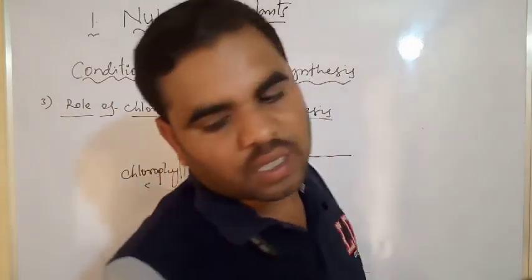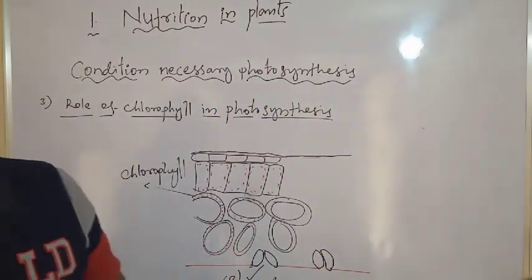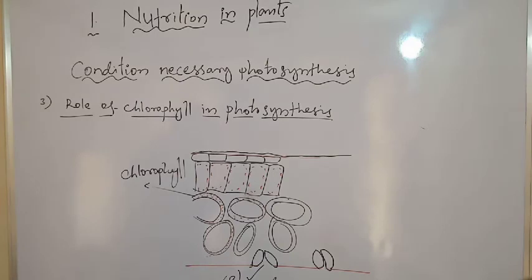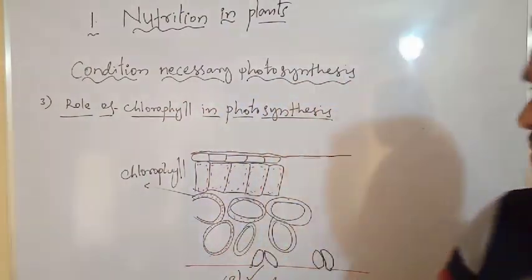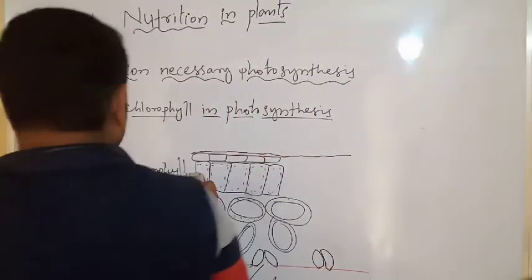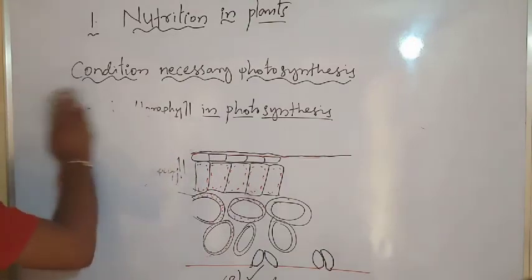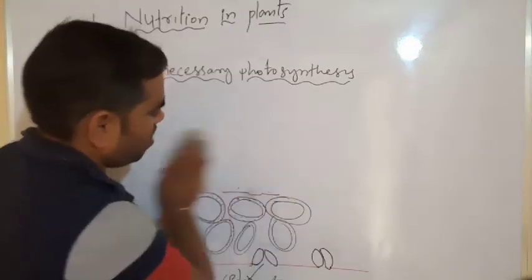That's why chlorophyll absorbs the light energy from the sun and supplies this energy to the leaves and enables them to carry out photosynthesis for making food. See, this much is enough on the role of chlorophyll in photosynthesis.